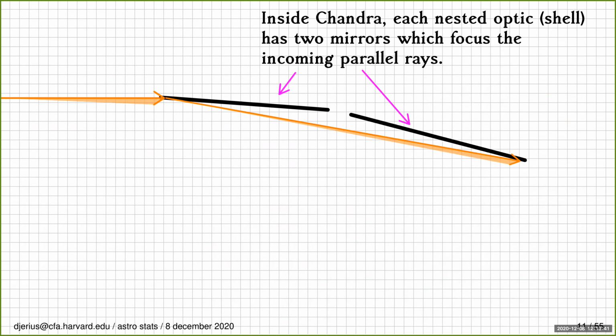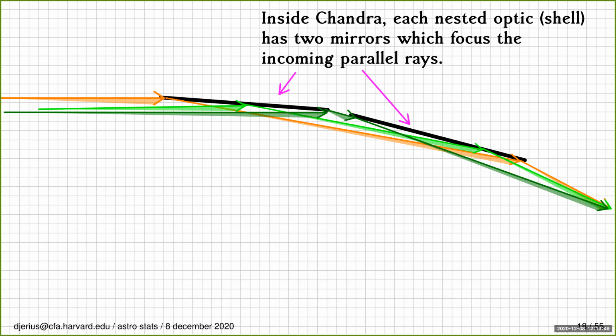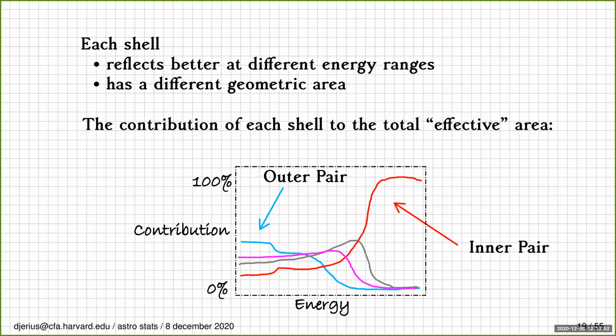So just for grins and giggles, we can see here, this is a slice through the telescope from the side, and we have X-rays coming in, they get bounced and they get detected. So each shell has a specific set of energy ranges that they reflect best at.